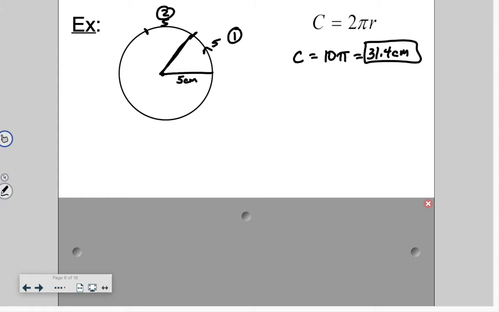If we keep going, let's go another 5 centimeters, or at least approximately. There's what 3 radians would look like. We're almost halfway around the circle. Let's keep going. 4 radians. I could draw in this angle.